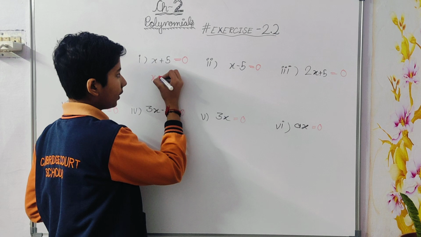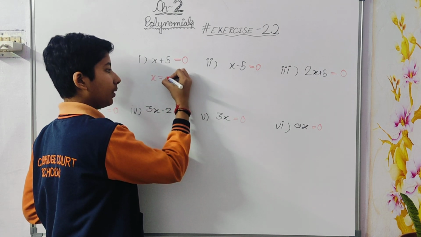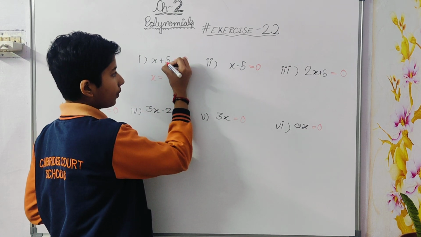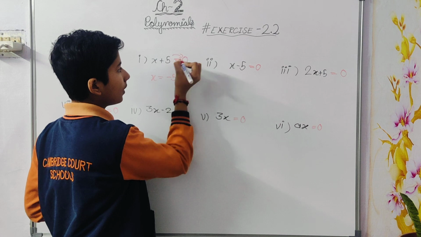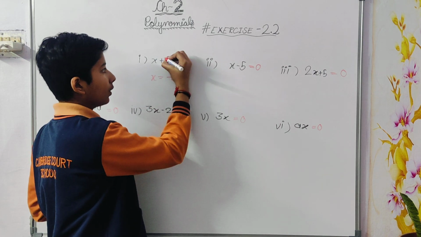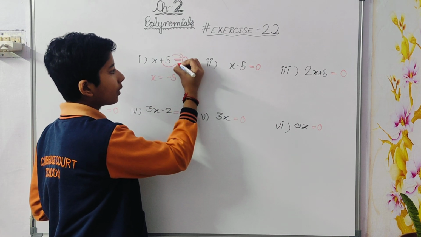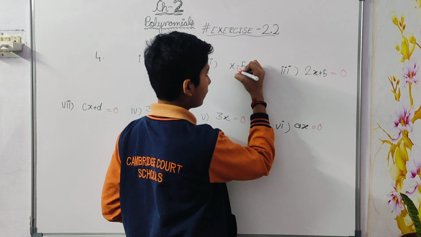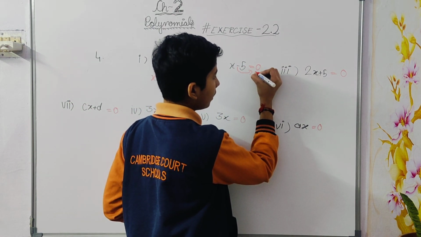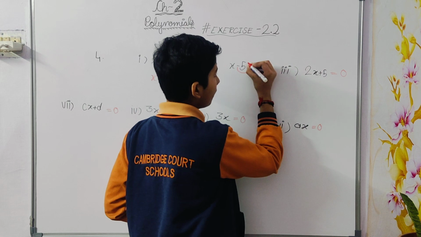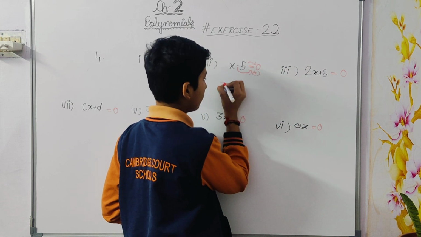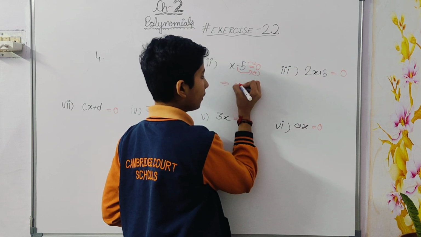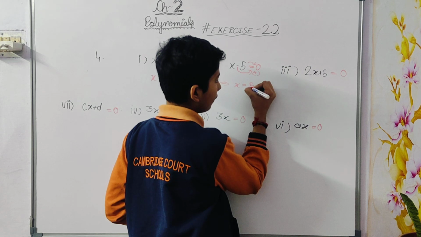So what will be the value of x? X will be minus 5, because plus 5 will go there and become minus. So this sign will get changed to minus sign. Now x minus 5, same, this sign will go there, become plus sign, so this will become x equals to 5.